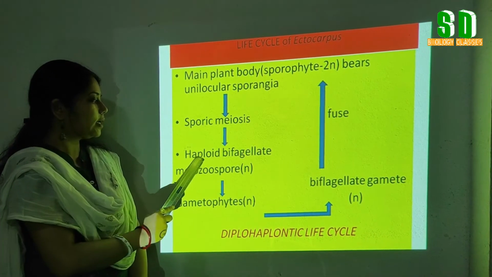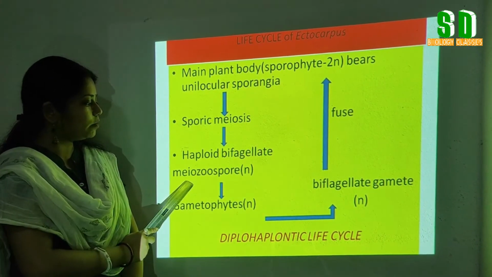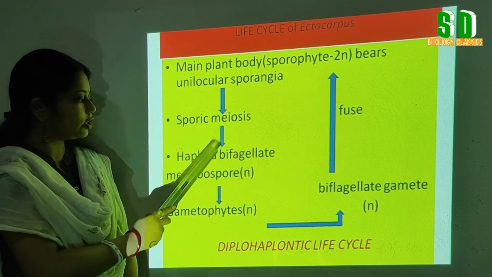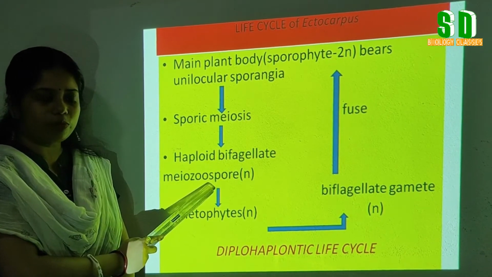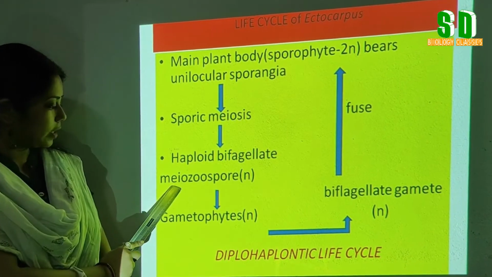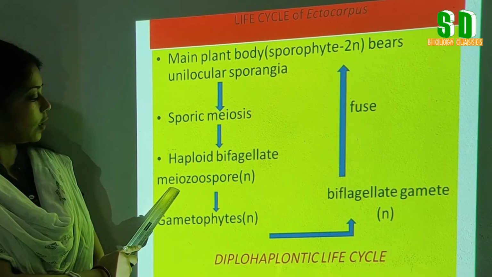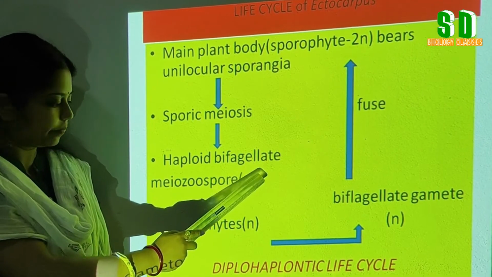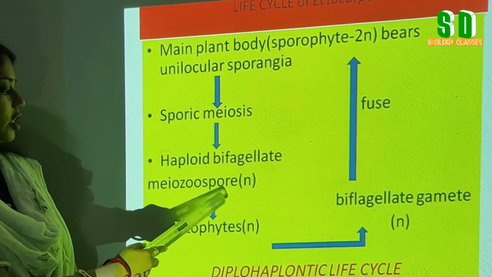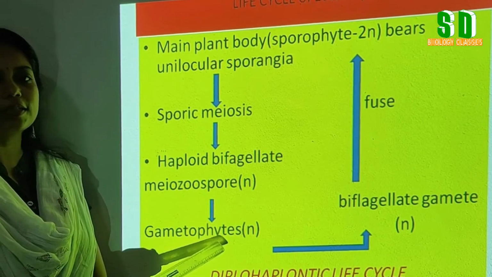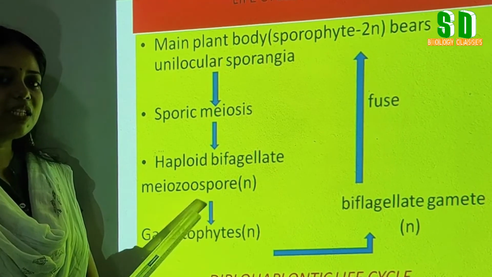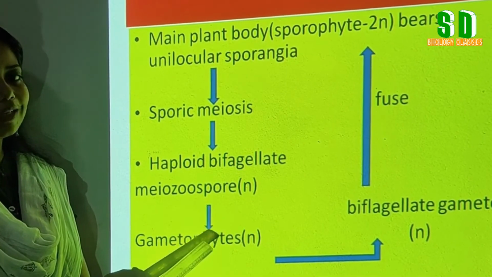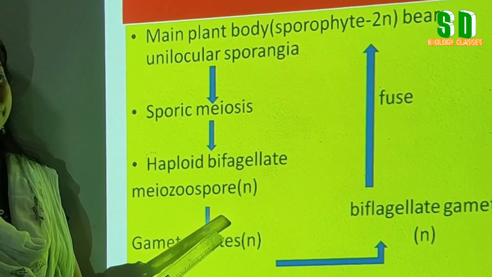As a result, haploid biflagellated meiozoospores are formed. Due to meiotic cell division, haploid zoospores are formed, and since those zoospores are formed by meiosis, they are called meiozoospores, and they are biflagellated. These meiozoospores then give rise to the gametophytic thallus. That means each cell of the thallus has n number of chromosomes, and it produces gametes.